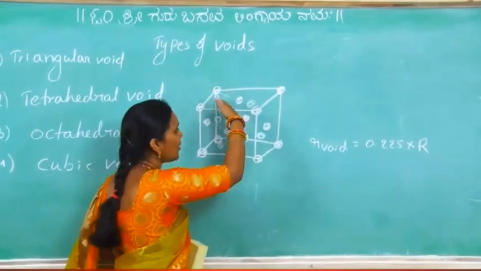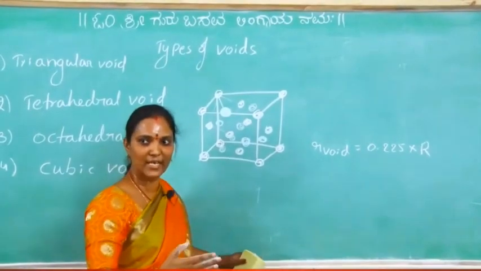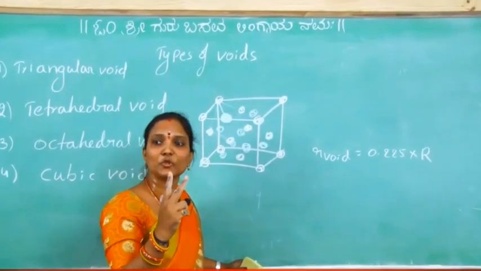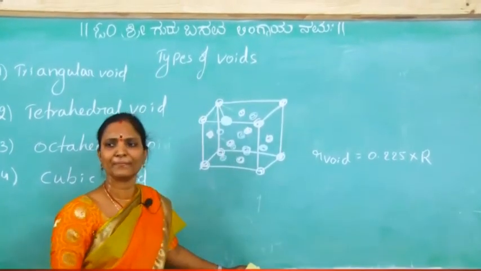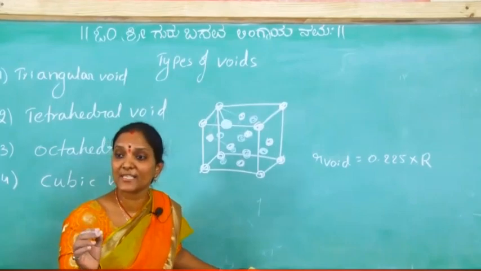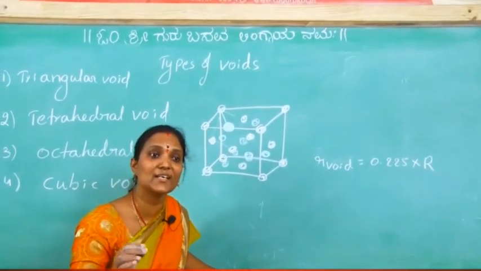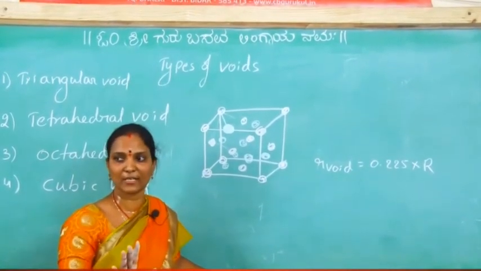In each body diagonal we get 2 tetrahedral voids. Total how many tetrahedral voids here? 8. So in FCC the number of tetrahedral voids is 8.